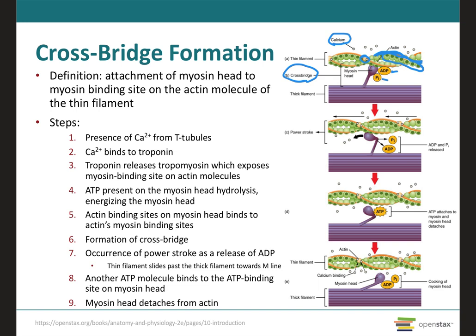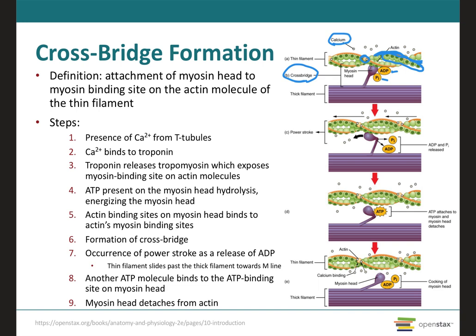And this reaction is going to not only reorient but also energize the myosin head. So it will give the myosin head energy to be able to attach to the actin molecule.